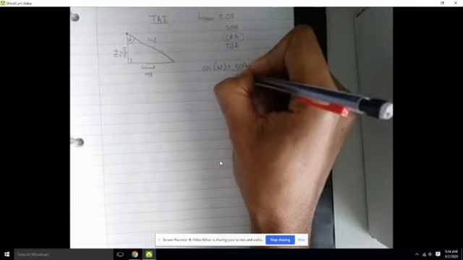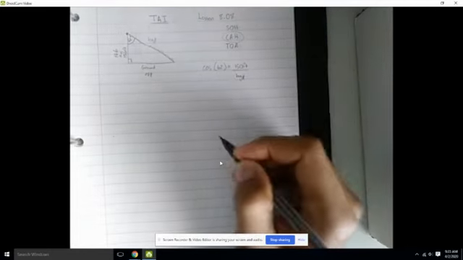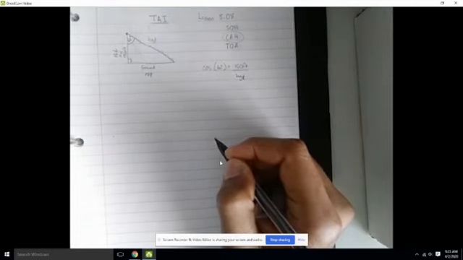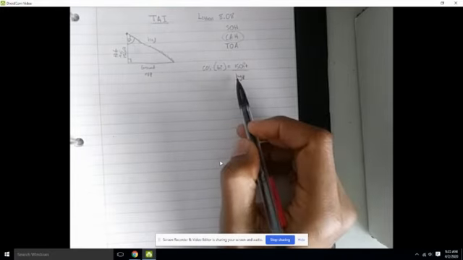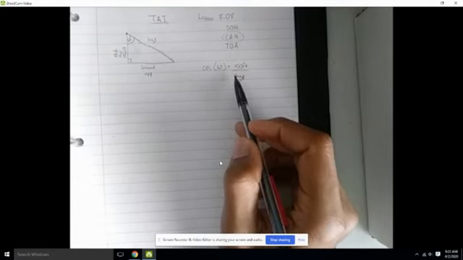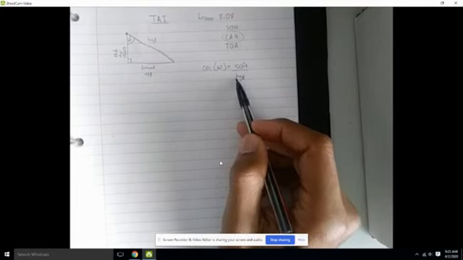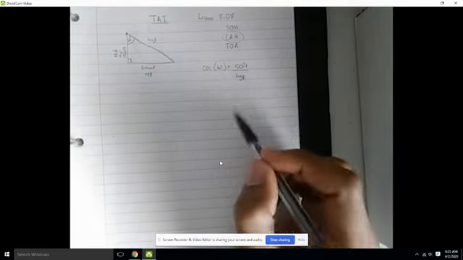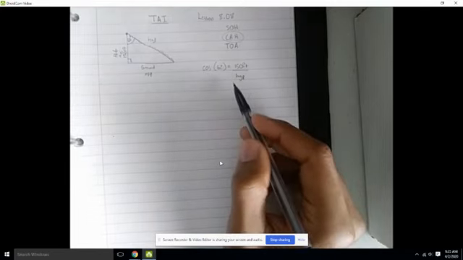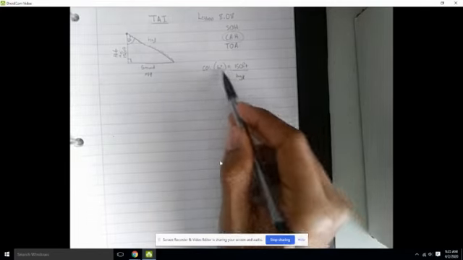Adjacent is 150 feet over the hypotenuse, which we don't know yet. Now, again, if you would like my little rule, you can switch these two, or you can do out the whole math. Either way, you'll get the same thing. But just so that everyone is on the same page, I'll do out the whole math.